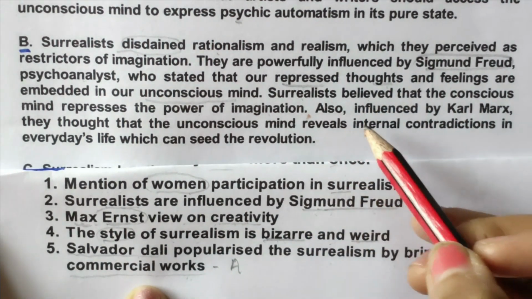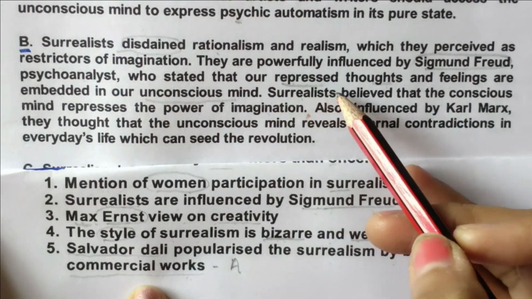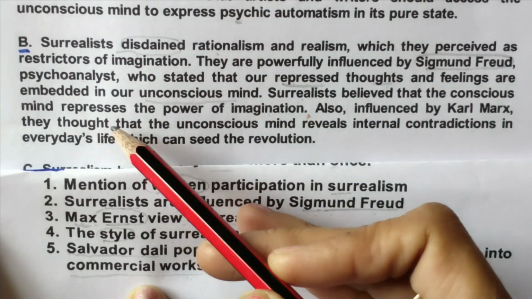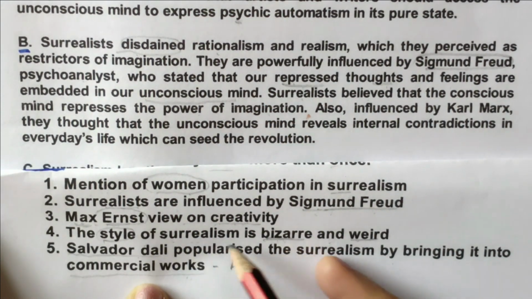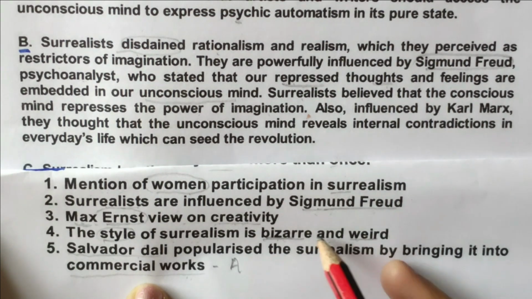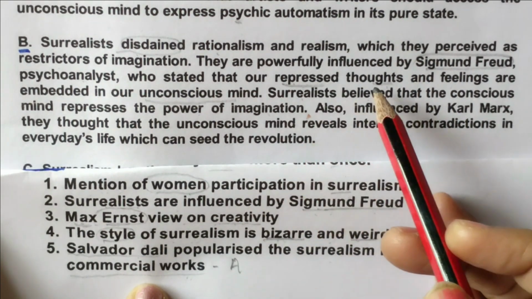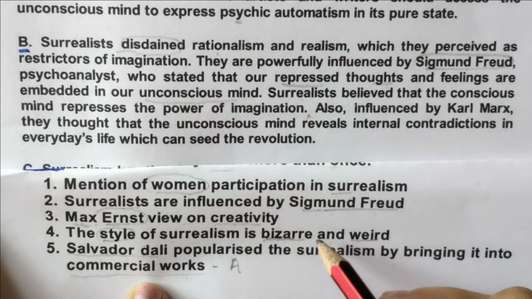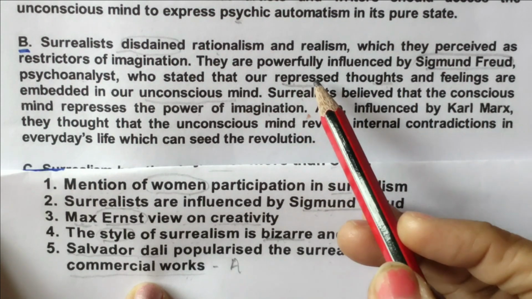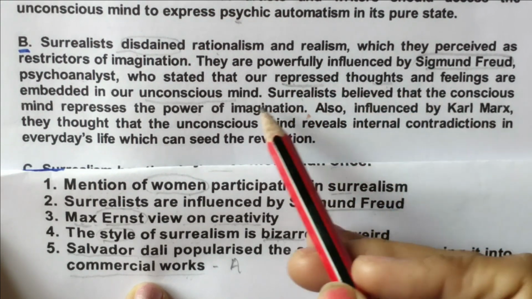Yes, so now they are talking about some repressed feelings, the word repress. So can we say the style of surrealism is bizarre and weird? No, strange and unusual is a different thing, but here repression, some negative feelings, is what they are talking about.